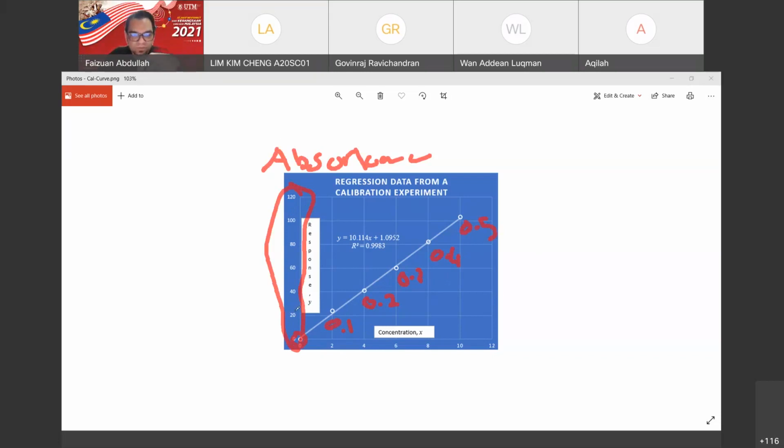If this is the absorbance, the instrument knows, oh, this is 0.1. If this is the absorbance, oh, this is 0.2. Now the instrument also learns this is 0.3, this is 0.4, this is 0.5. After that, we detect the unknown sample, the X, right?